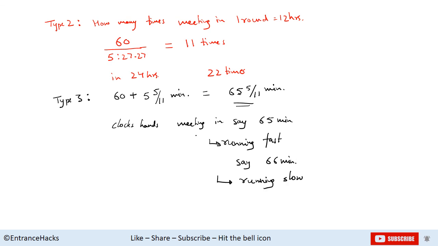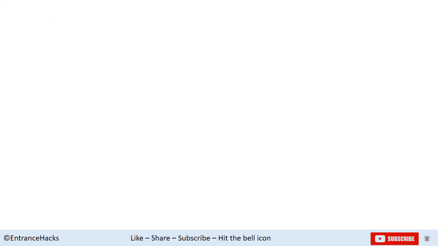Okay. Next concept. So the number of times clock hands are in a straight line is again, every time the clock hands are meeting, it is 11 times, right?